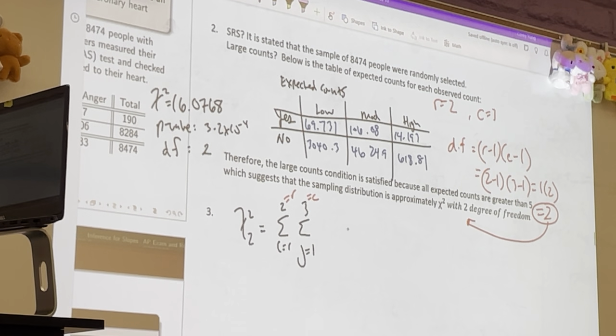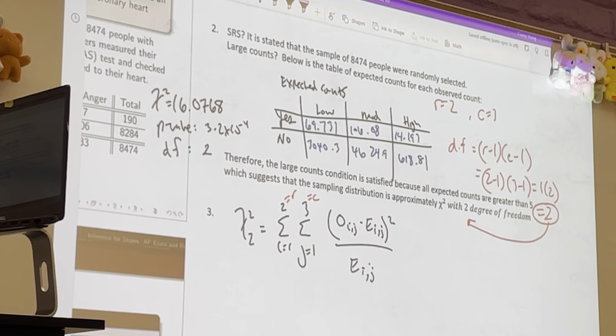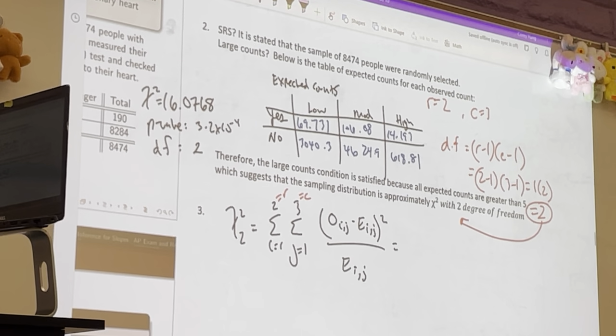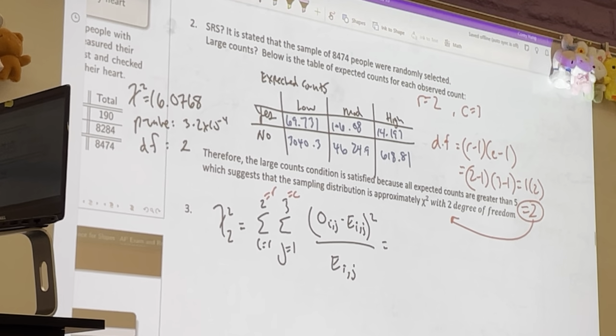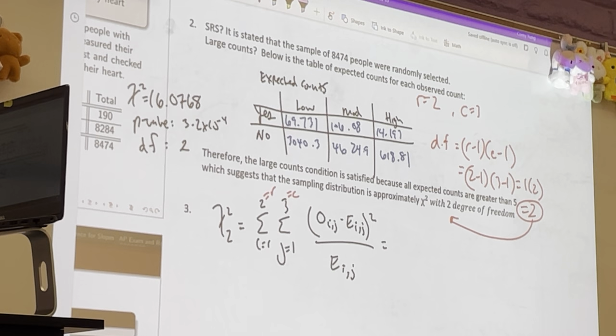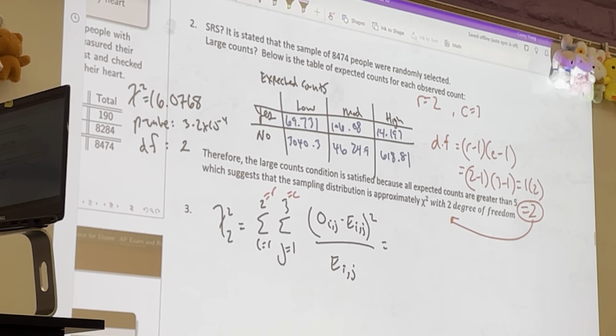And then the test statistic, observed i,j minus expected i,j squared, divided by the expected i,j. All right, and then my suggestion, as always, is just to plug in a few terms. Again, you're not manually calculating the chi-square test statistic, so the least you can do is just set it up and plug in a few values.